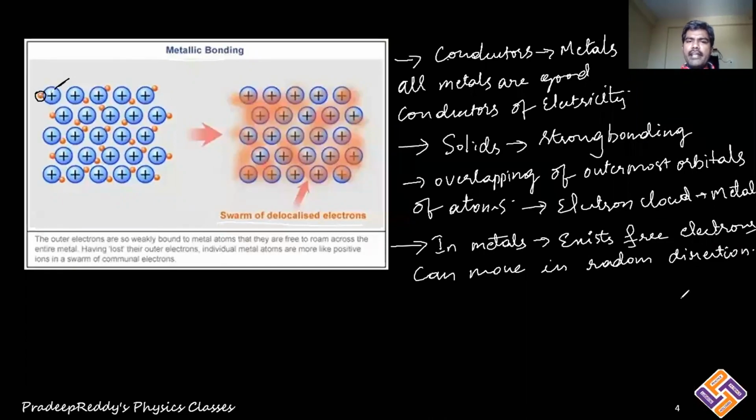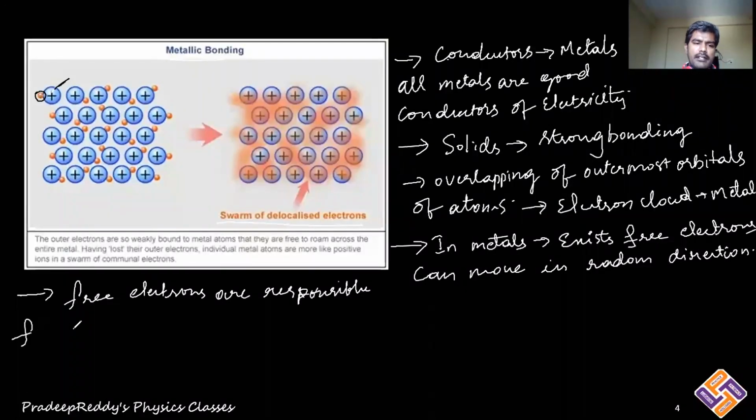They are able to move freely and randomly in any possible direction in this electron cloud. In this electron cloud region, these electrons can move anywhere. Such free electrons are responsible for conduction.